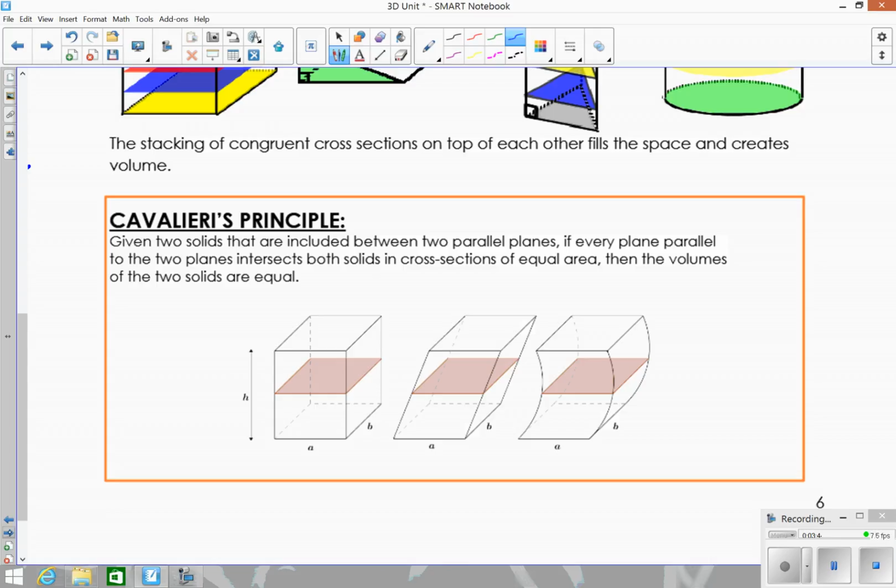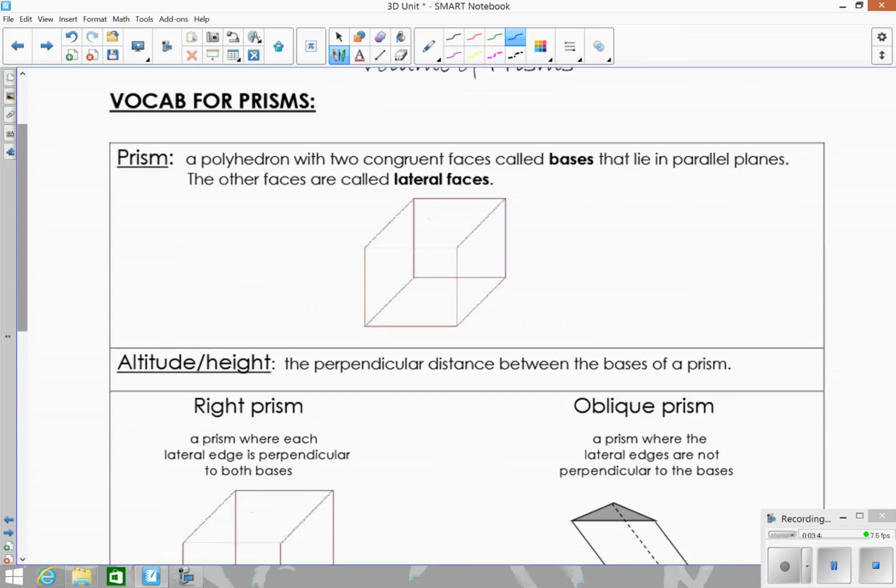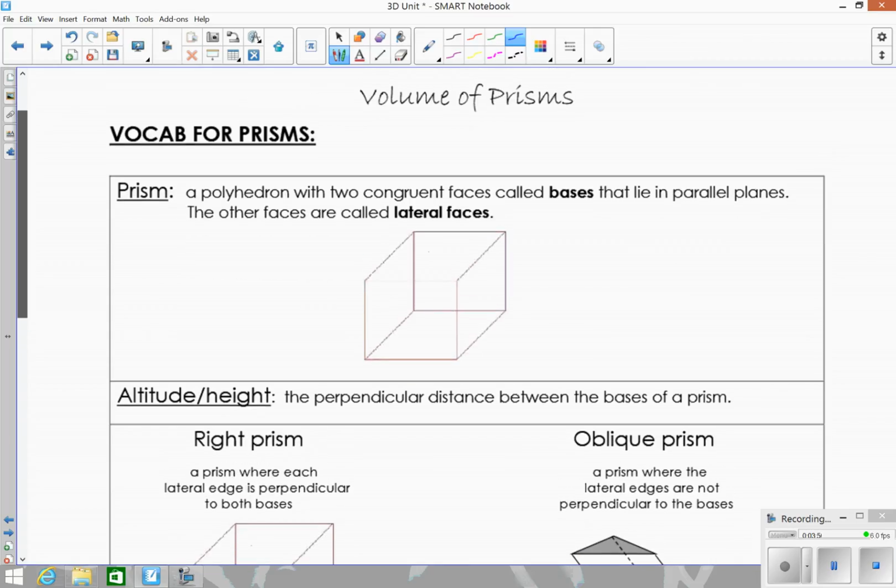So let's continue talking about this by looking at some vocab. For prisms, we've already talked a little bit about them, but just a refresher: a prism is a polyhedron with two congruent faces that are the bases, and the bases have to lie in parallel planes. Whenever you have a rectangular prism, which is this picture here, this may be a cube if all the sides are equal, you really can decide what you want to call the bases.